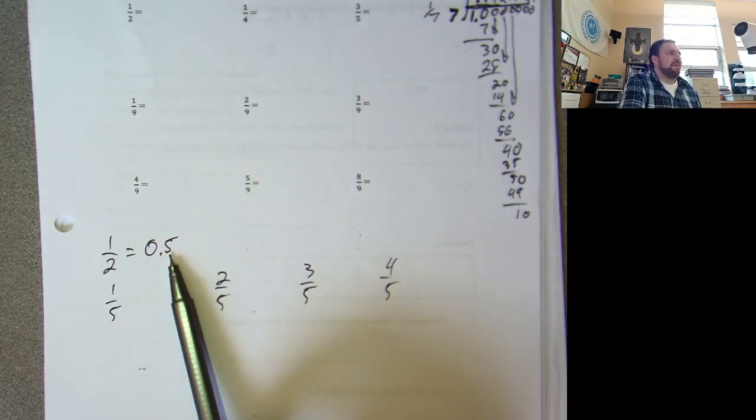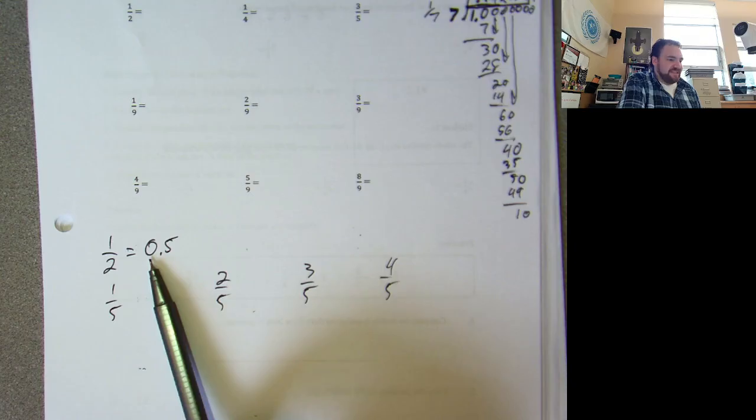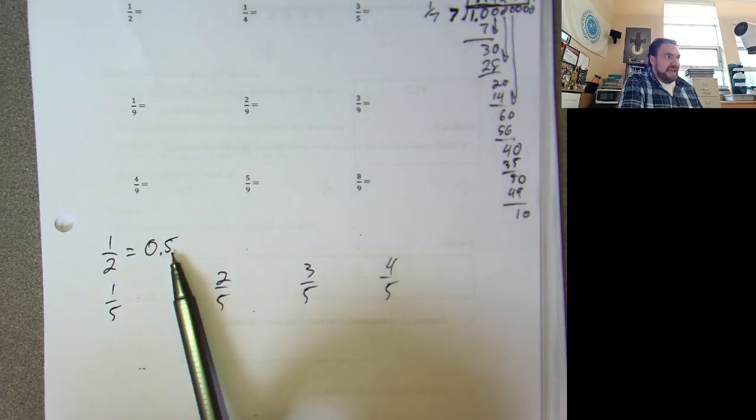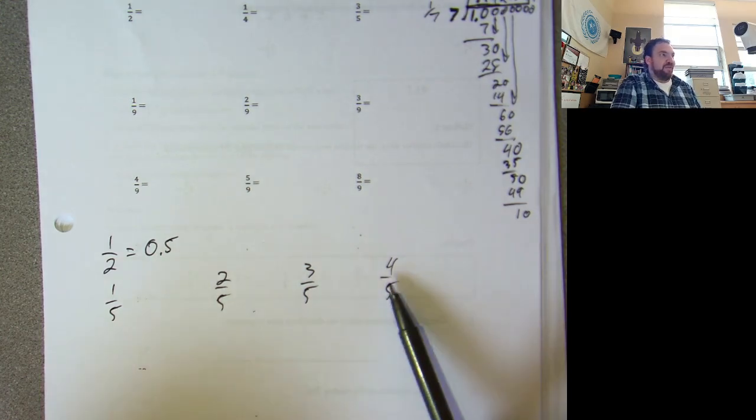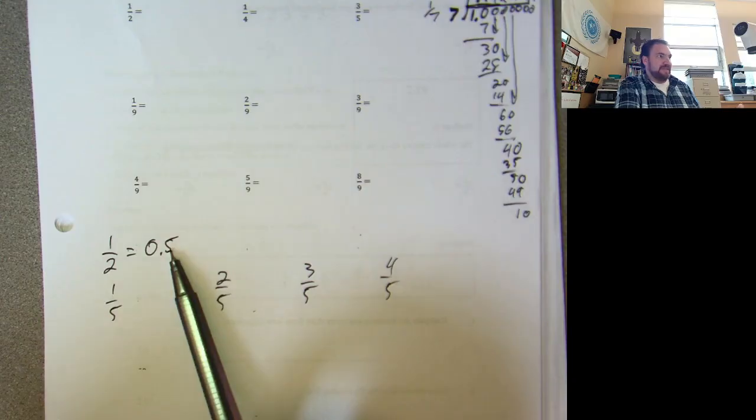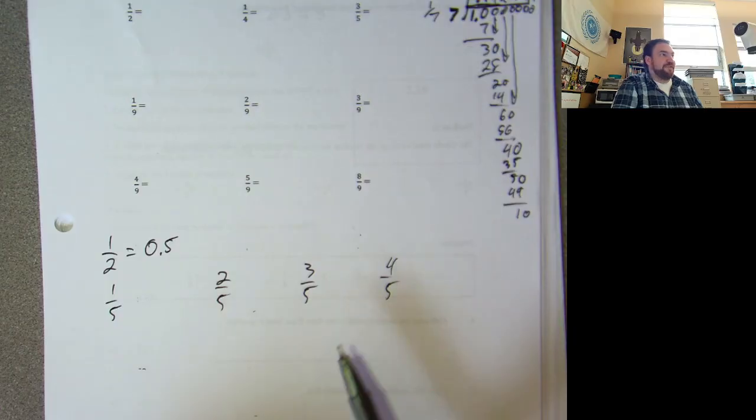Yeah, you do. We named them. This is the ones. This is the tenths. So 0.4 is not 4/5. It's 4/10, because that's the tenths spot. The name is important. So 4/5 is not 0.4.